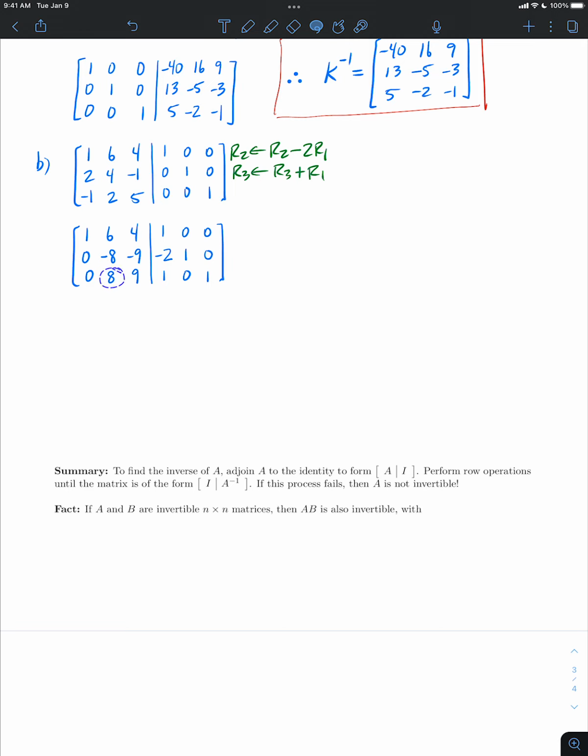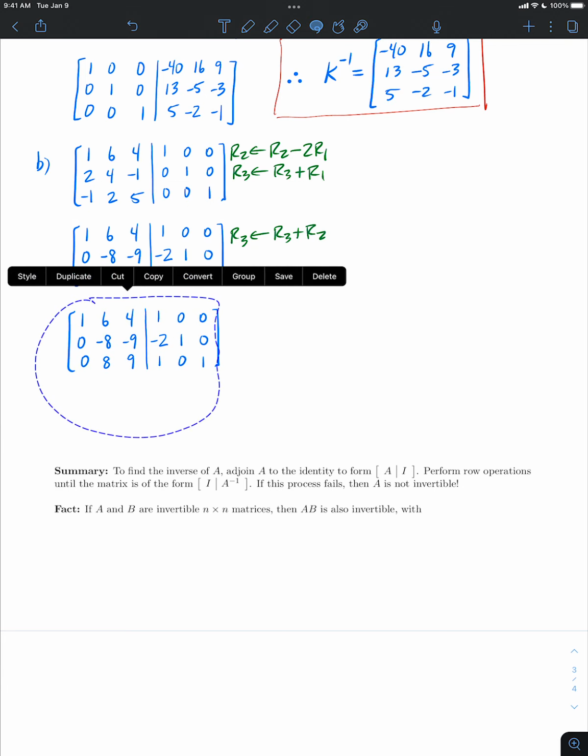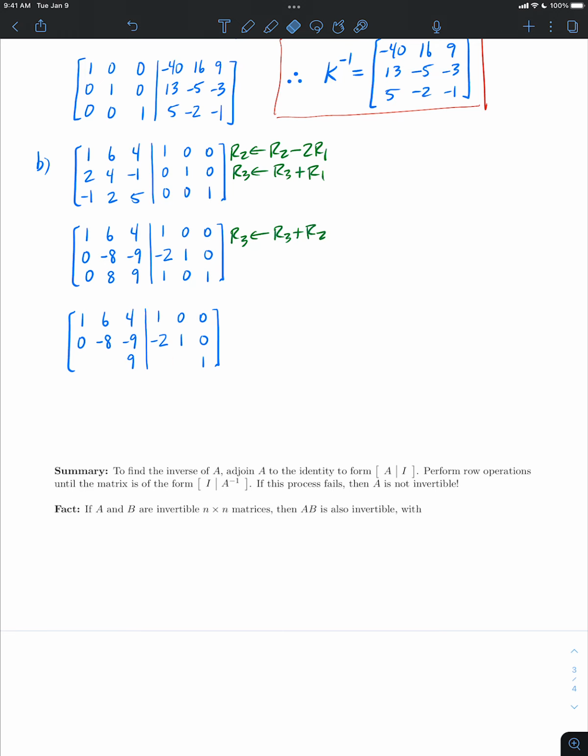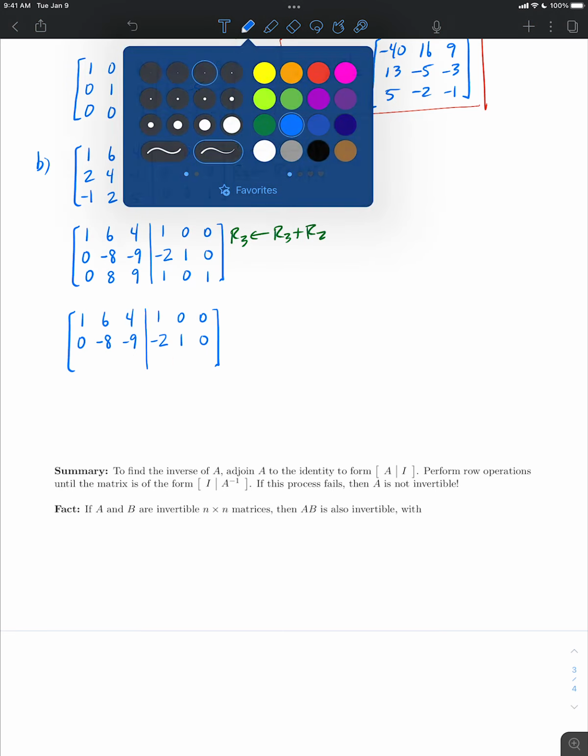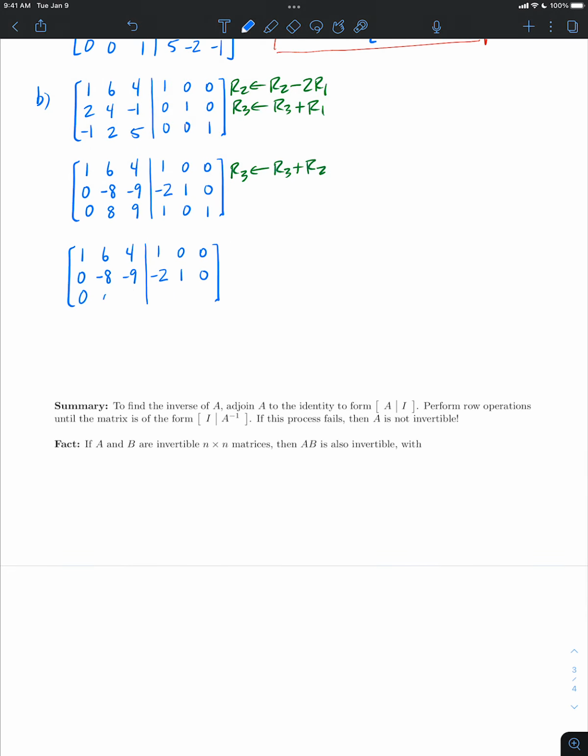But since these numbers match up so nicely, why don't we just add row 2 to row 3 first, before we worry about any 1s. So take row 3 and replace it with row 3 plus row 2. And what that's going to give us is this. We're just going to have 0, 0, 0, negative 1, 1, and 1.